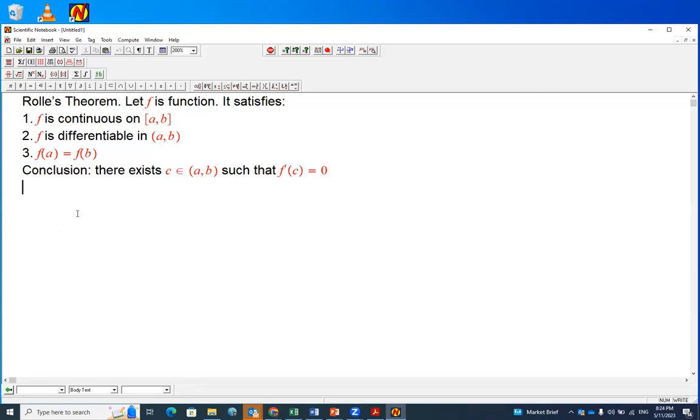Now, first, let's explain what it means. There are three possible cases in the proof. When we observe the function at the endpoints, let's establish a rectangular coordinate system.